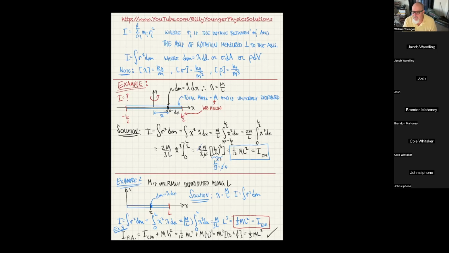And then next semester, when you go into the 242 course, there's going to be something similar to it, where instead of dm, it's going to be dq. And then it's going to still be lambda dx, sigma dA, or rho dV. So it's definitely worthwhile for you to commit it to memory. So go ahead and start doing that, and it'll help you. Anybody have any questions on any of that?